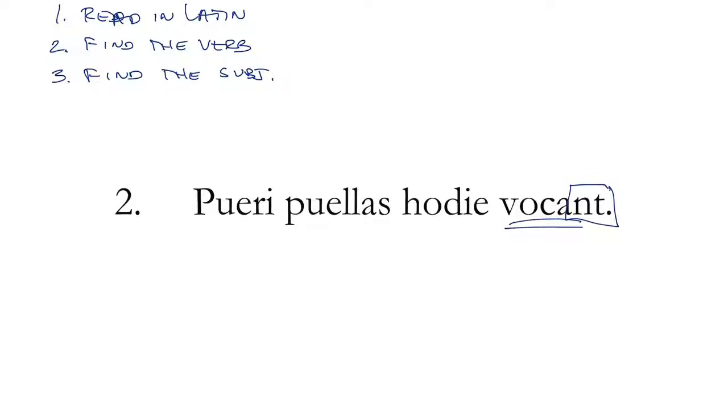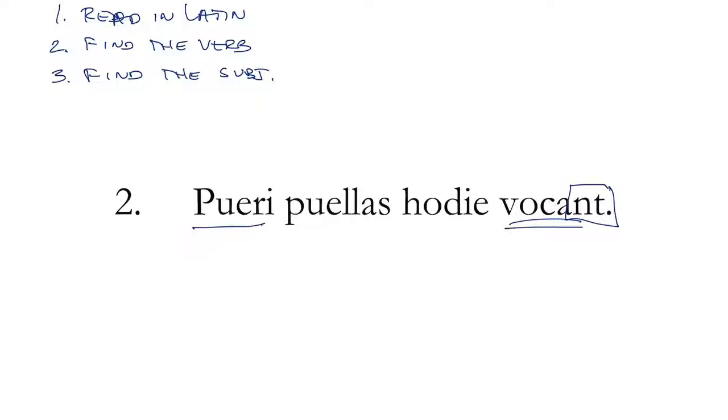But they is a pronoun. They is a placeholder. Is there anything else we can use in this sentence that can be the real subject? In other words, instead of this pronoun that we've been using for vocant, is there anything in the nominative case that can be a proper noun or a noun that stands in for they?